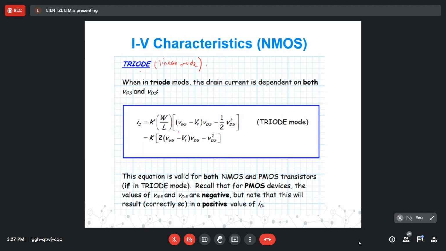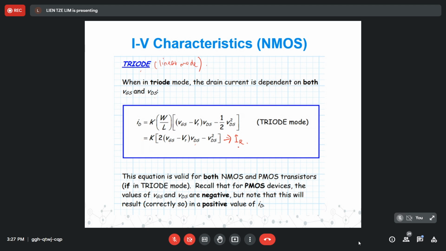This is VGS, VDS. The formula here is the same. They look similar to the ones that I showed you just now for load current.